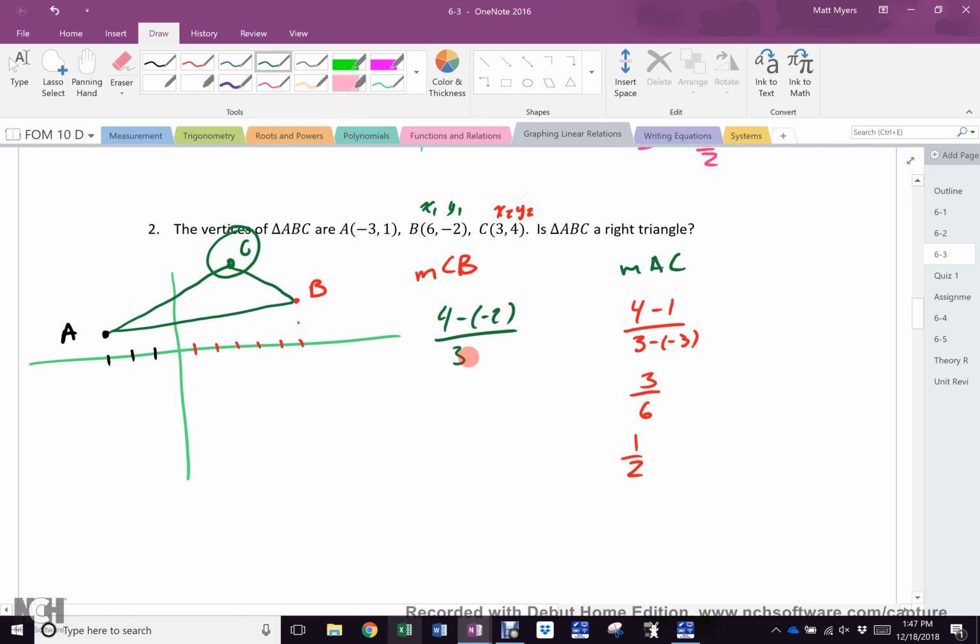What's the slope of AB? 10 minus 5 and 7 minus 3, if you labeled it this way. What is 10 minus 5? 5. 7 minus 3? 4. Great. What is CD?